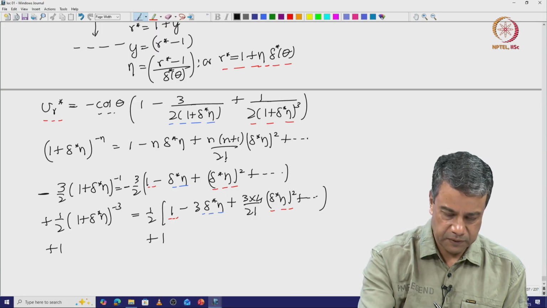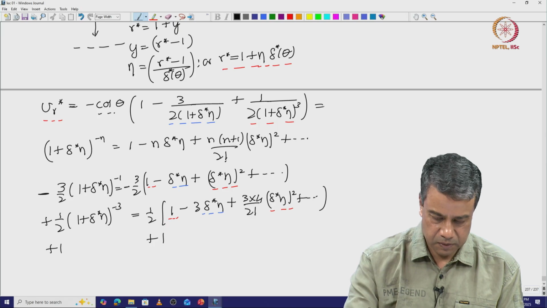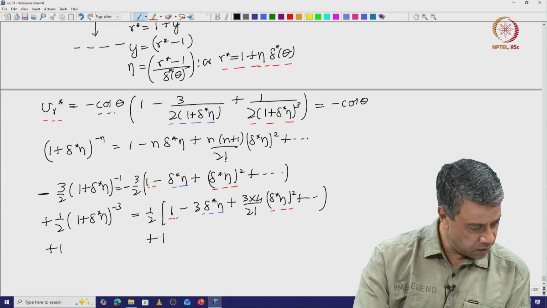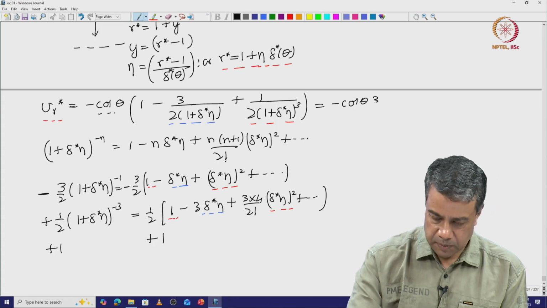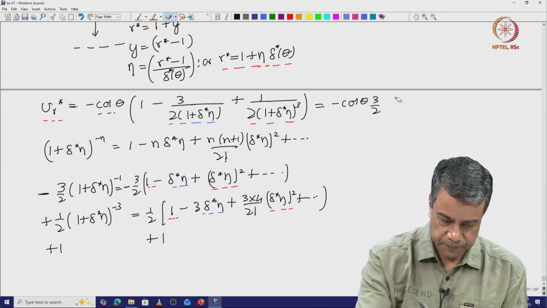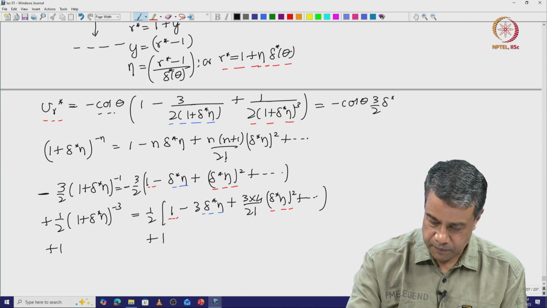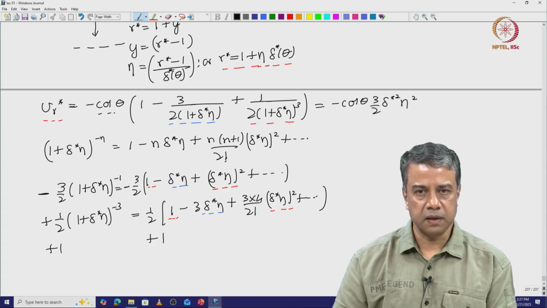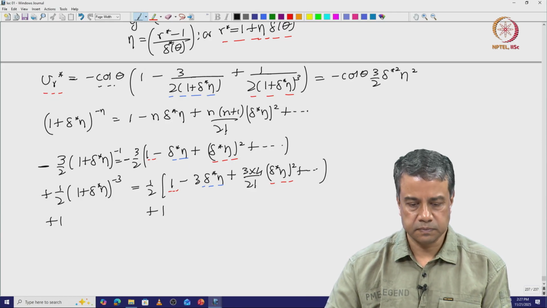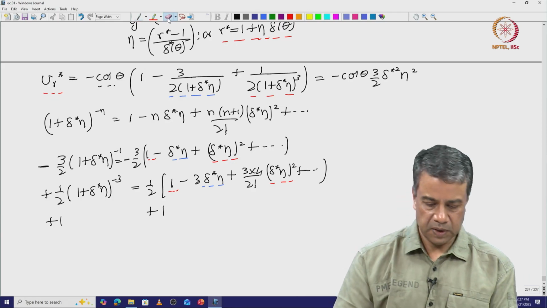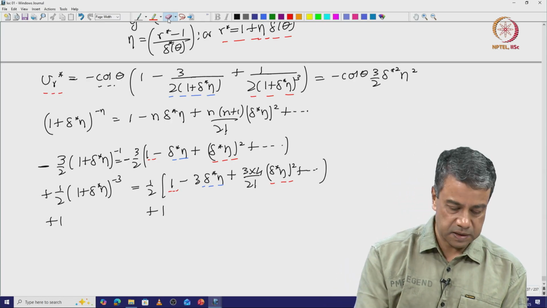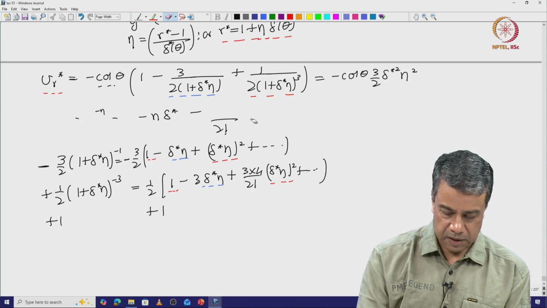So, basically if you add up all of these, this is equal to minus cos theta into 3 by 2 delta star square eta square, if you expand it out. So, that is the leading order term in an expansion in small delta.